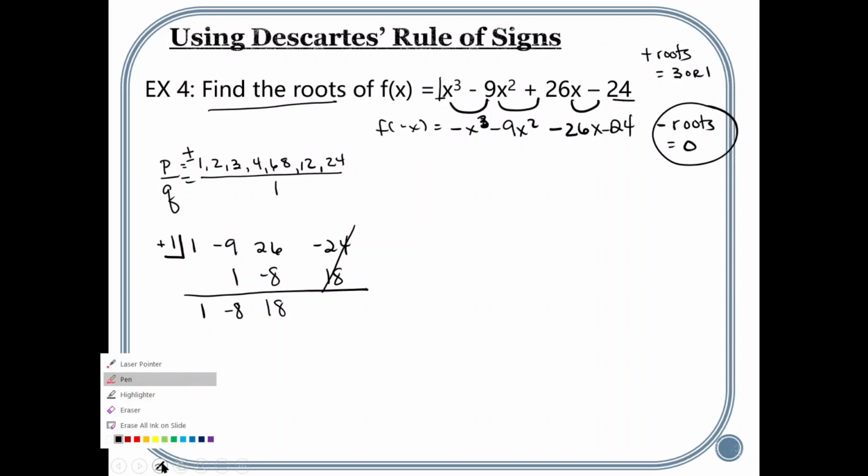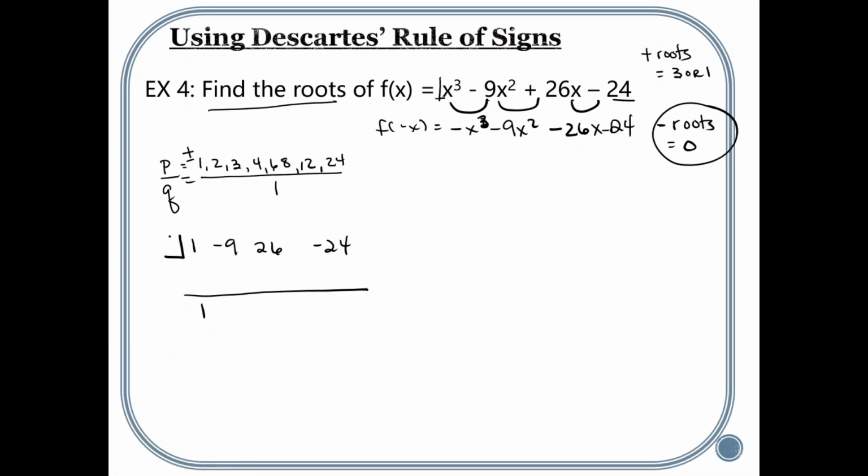Okay, so I go and I erase this. Okay, and I'm going to try another one. So maybe we try 2. Two times 12 is 24, and that one works.